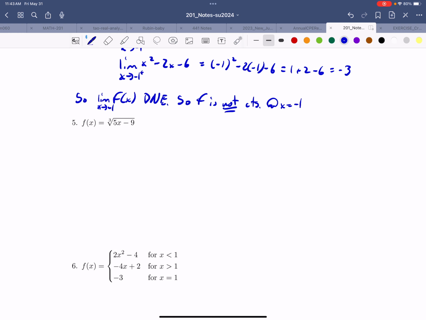Next, we have a cube root. Nasty. Now, one thing to keep in mind is square roots don't work for negative numbers, right? Even roots don't work for negative numbers. Odd roots do. So the domain of f, the stuff you're allowed to plug in, actually is all real numbers. So let's just point out, since the cube root of x and 5x plus minus 9 are continuous, so is f.